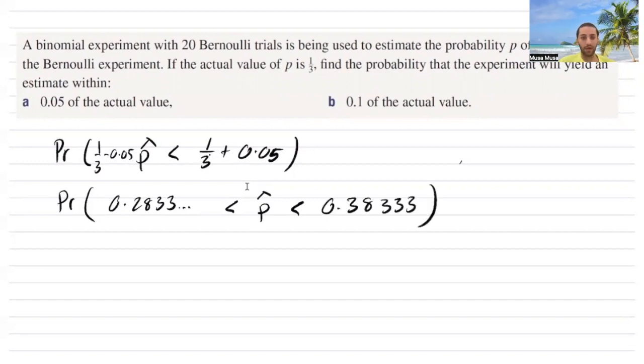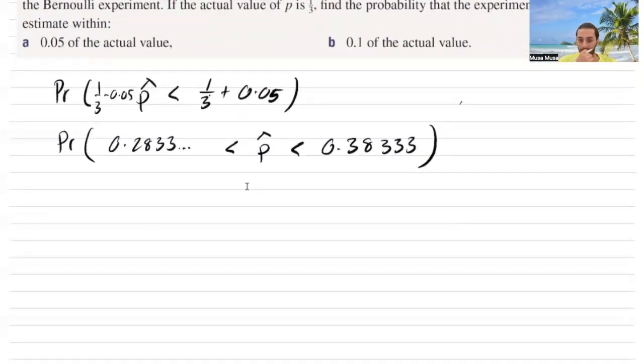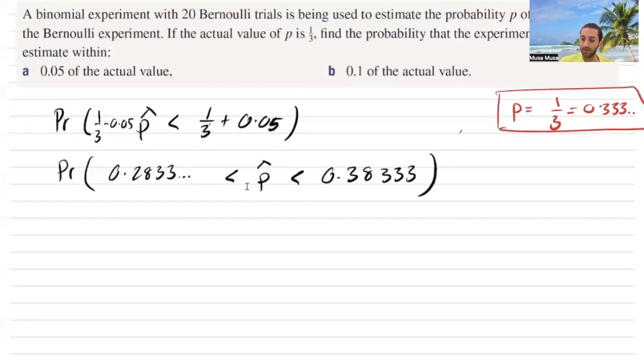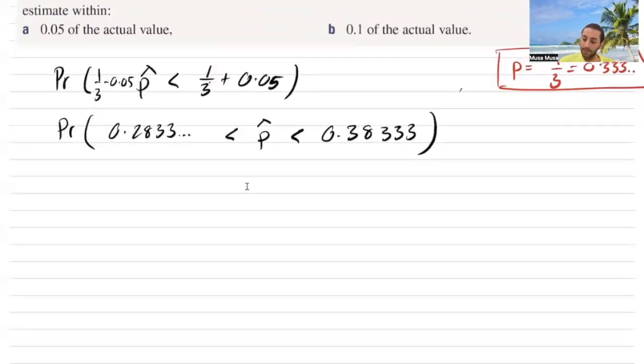Now, of course, this P being a third is 0.333. So that's just something that we should note off to the side. Now, can we ever have p being a third?